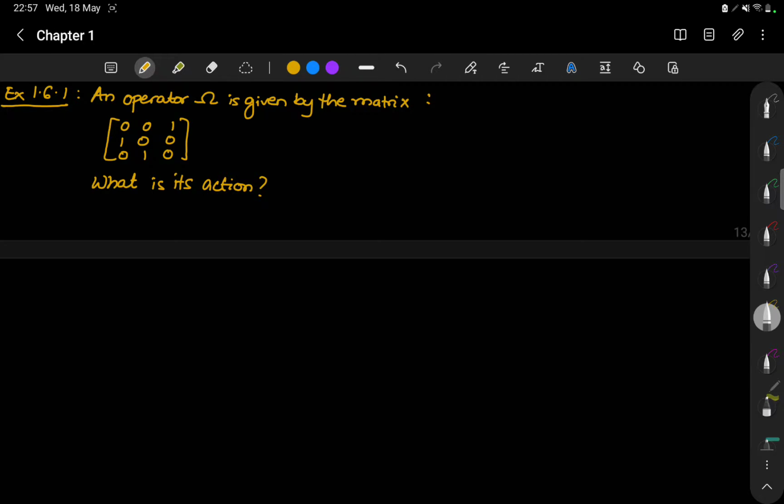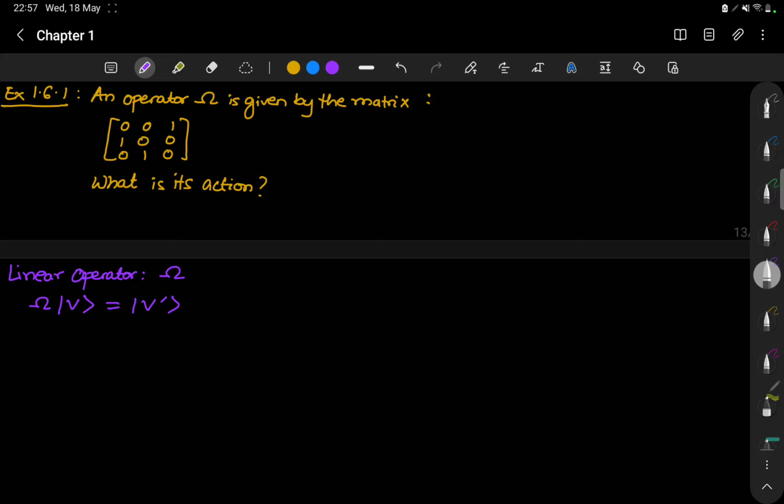Before we proceed, we need to know the definition of linear operators. A linear operator, denoted by omega, basically transforms a given vector into another vector.